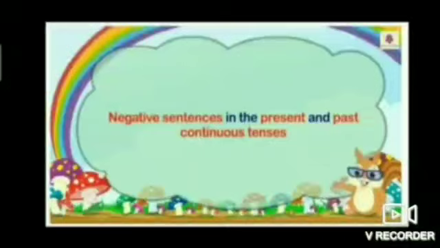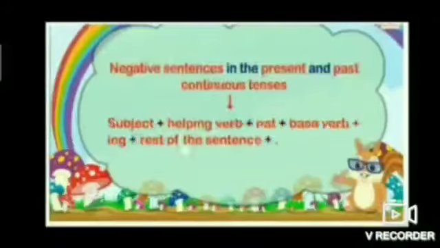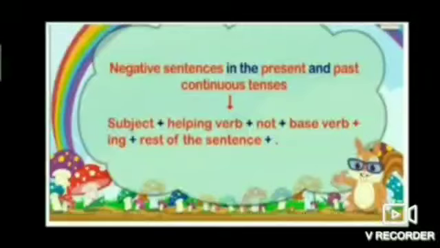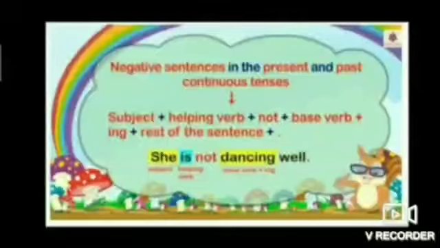Okay, students, negative sentences in the present and past continuous tenses using this pattern: subject plus helping verb plus not plus base verb plus ing, rest of the sentence, plus full stop. Okay, students? For example, she is not dancing well.